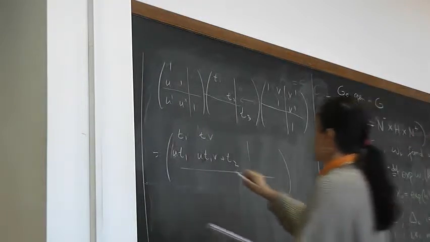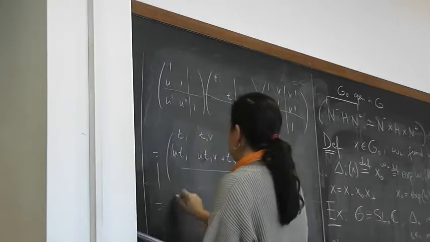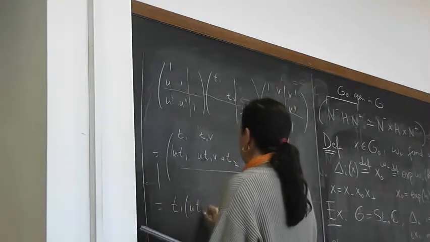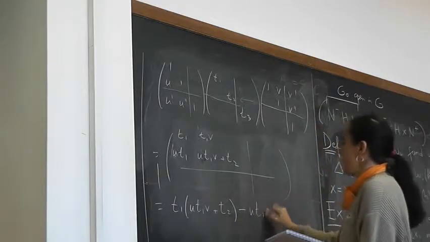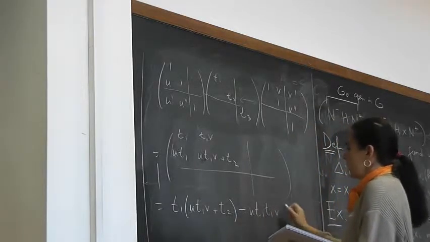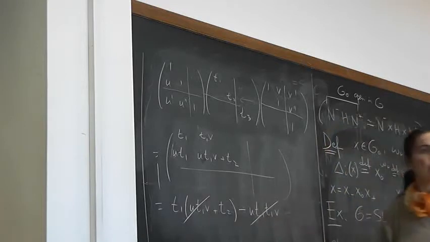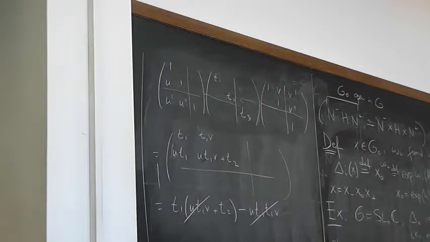Oh, yeah, no, it's coming, of course. So it is T1 U T1V plus T2 minus U T1 T1V, so it is T1 T2. It's really the same as you said. And now you understand that if you do it for SLN, it's the same.